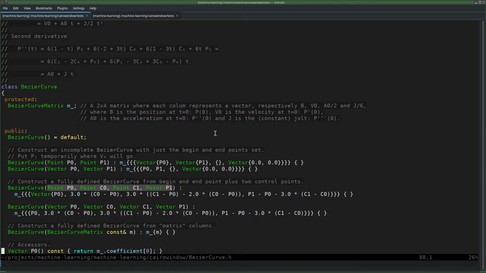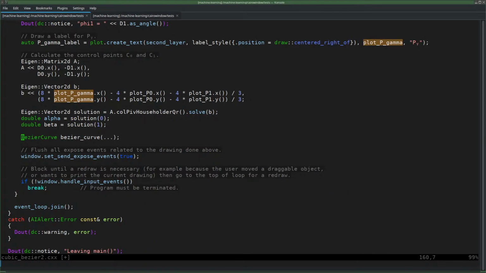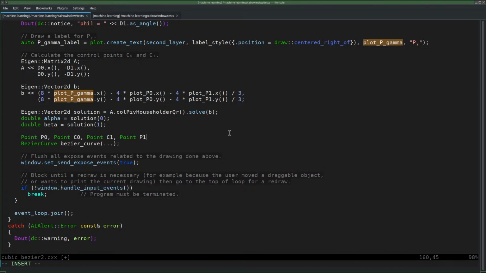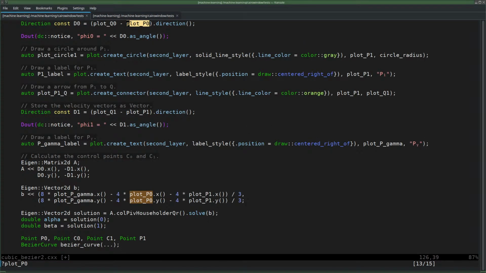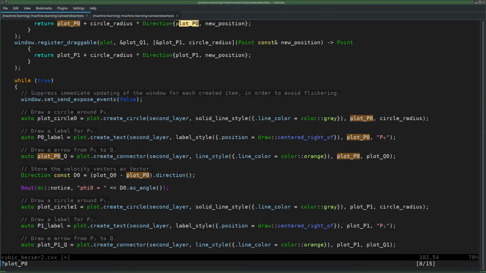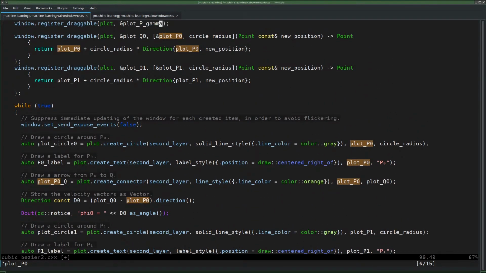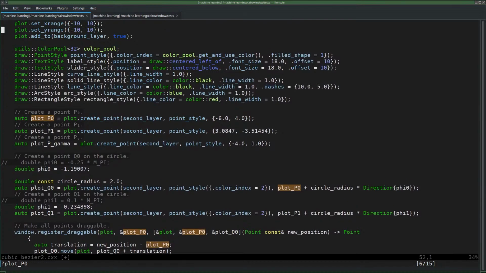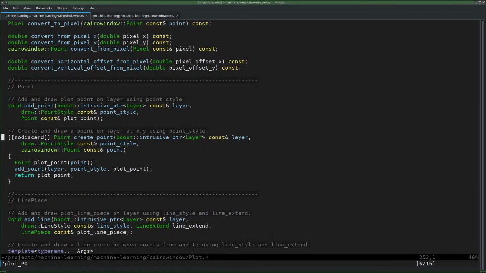I think I have points. Do I have points? I'll have plot P0. Plot P0 is, I thought there was a point. Of course it's a point. It's like literally P. Auto, but it says create point. Plot create point.